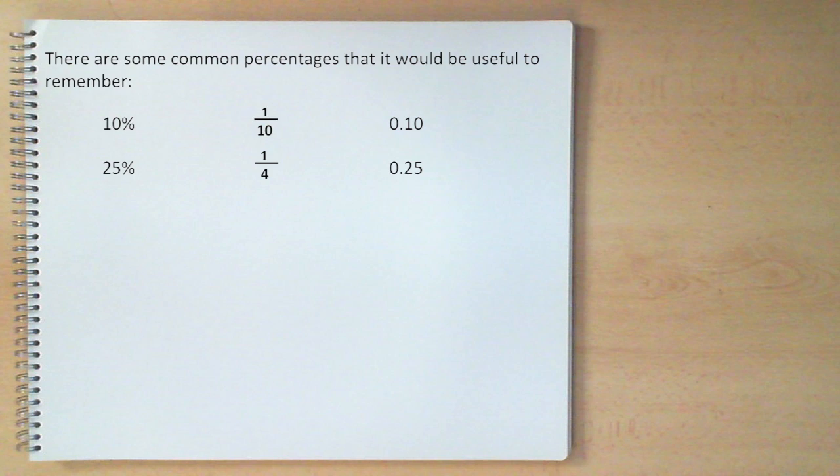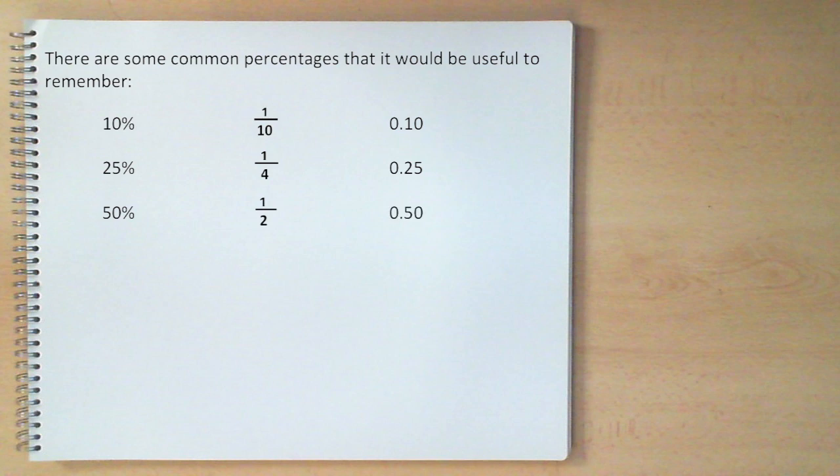The most straightforward one, and the one that you really must remember, is 50%. 50% is 50 over 100. 50 over 100, well, you should be able to work out very quickly that that's the same as 1 over 2. And 1 over 2 as a decimal number is 0.5.